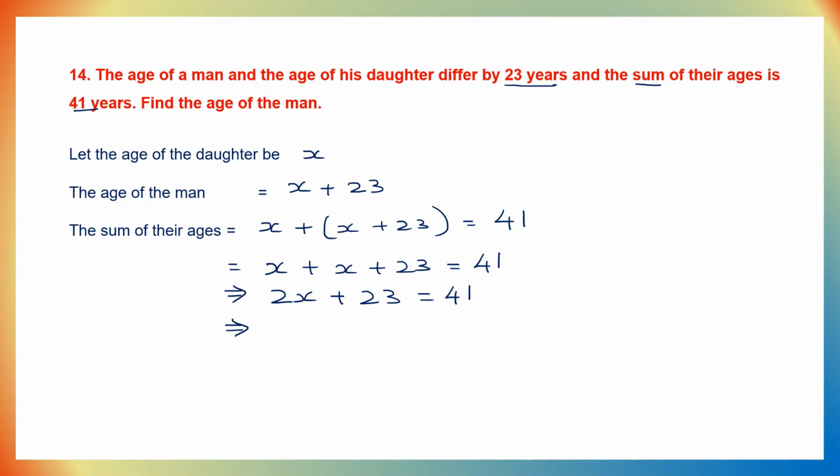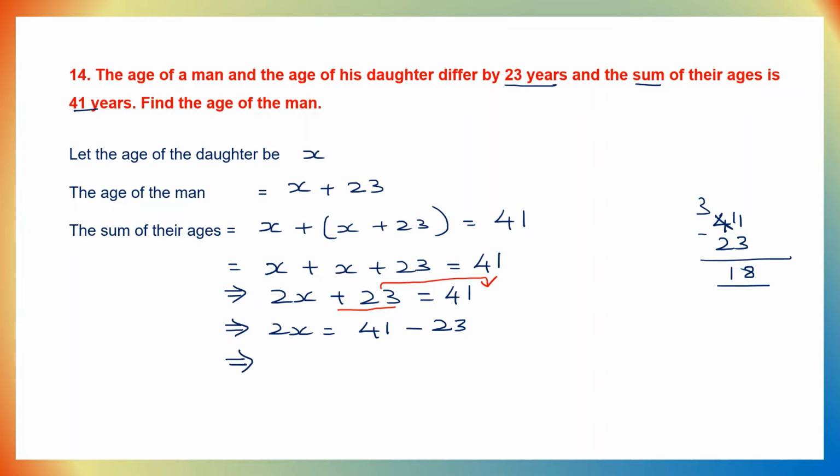So 2x will be 41 minus 23 because I'm transposing plus 23 from the left side to the right. Now let's subtract 41 and 23. 11 minus 3 is 8, 3 minus 2 is 1, that's 18.